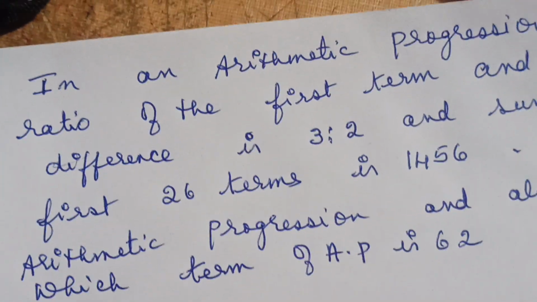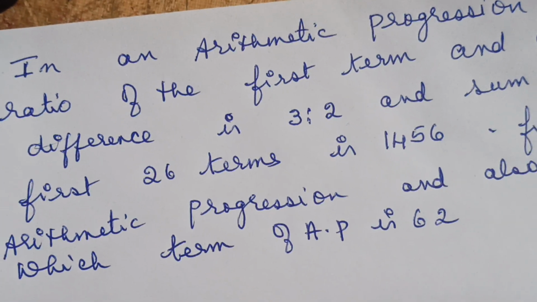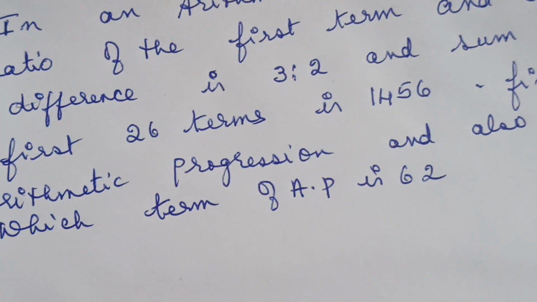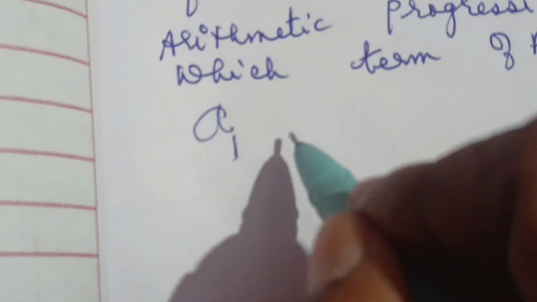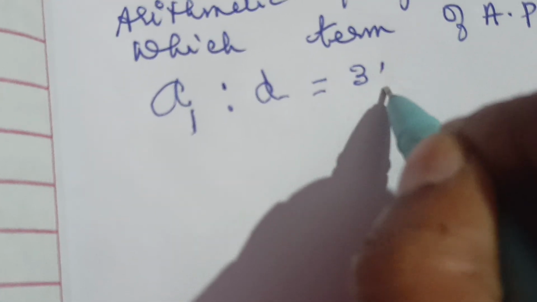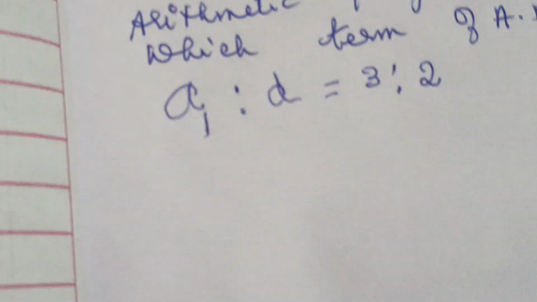Now they have told us the ratio of the first term and common difference is 3:2. So the first term we denote by a1, and the common difference d. So the ratio of this is given as 3:2.